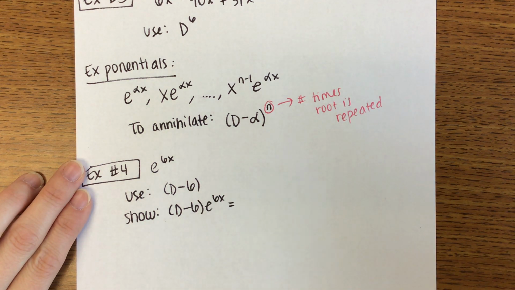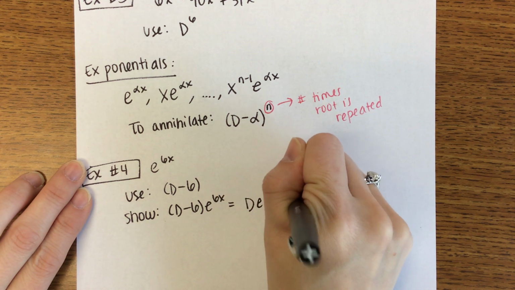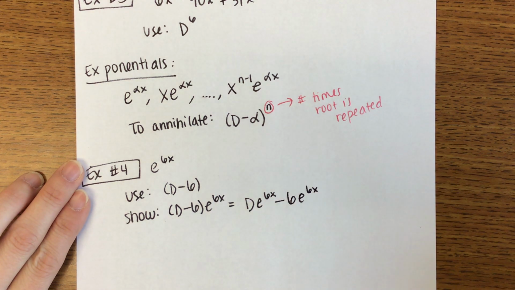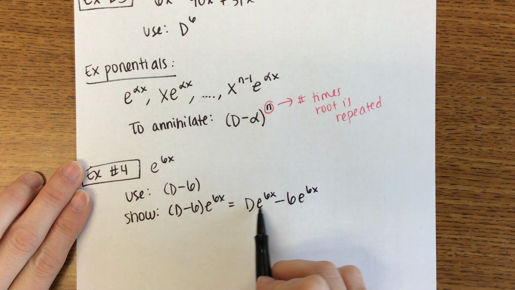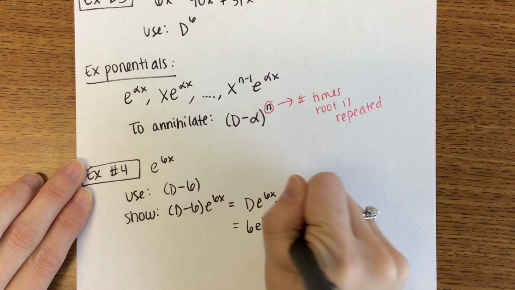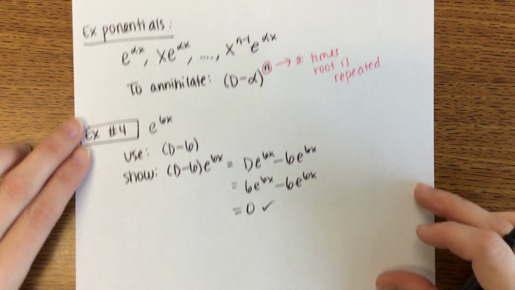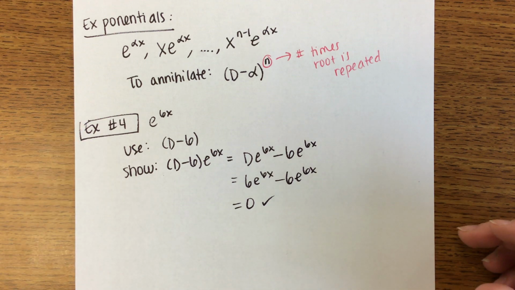What you're going to do is distribute. So you get D e to the 6x minus 6e to the 6x. This means take the derivative with respect to x. So we get 6e to the 6x minus 6e to the 6x, which does in fact give us 0. Hence, that is the correct annihilator.